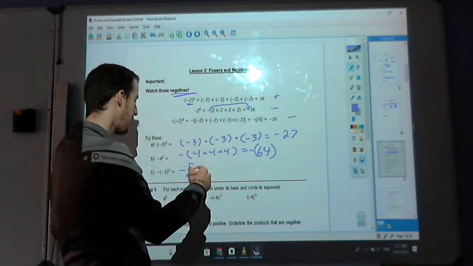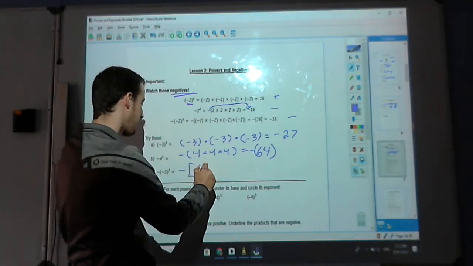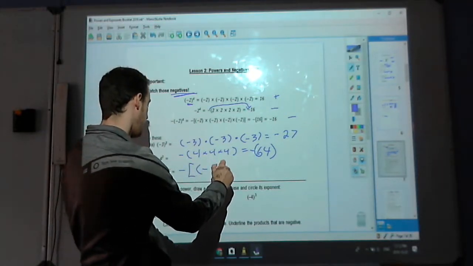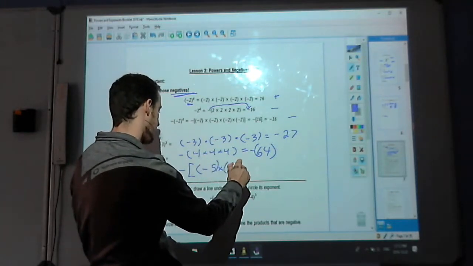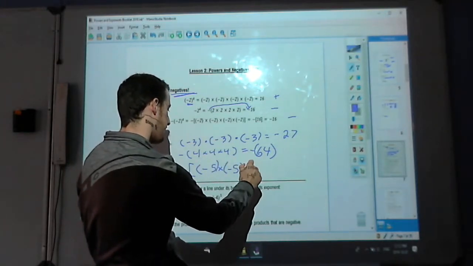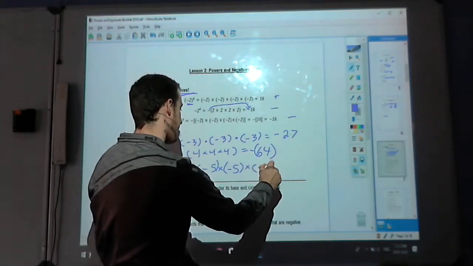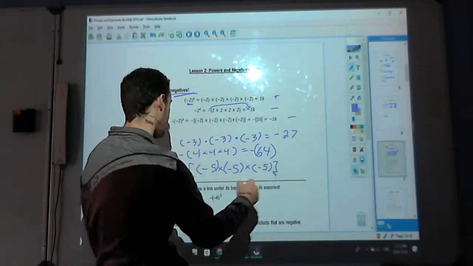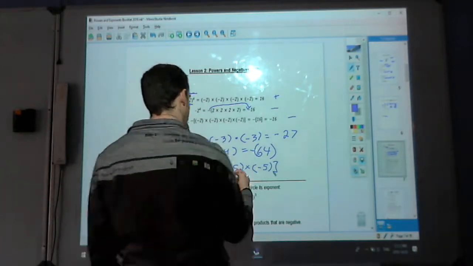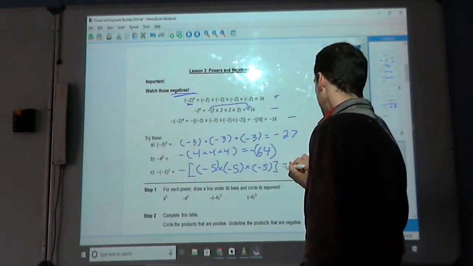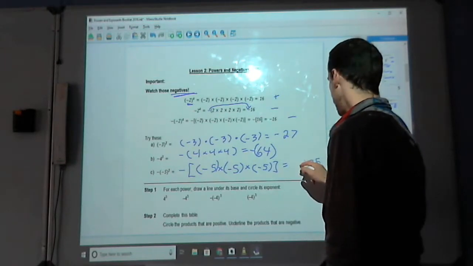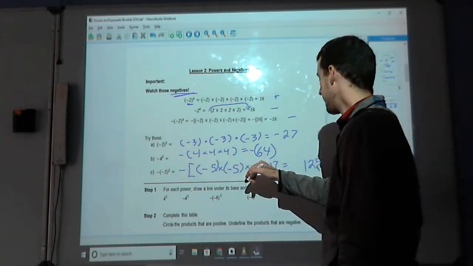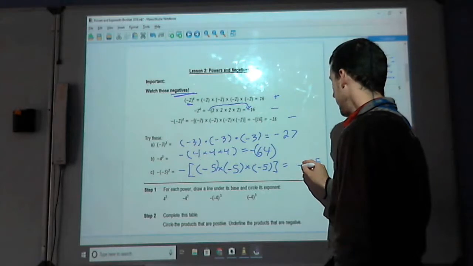All right, so here things get a little bit more complicated. I'm going to do square brackets just to start. And then within we have -5 times -5 times -5. All of that within the square bracket. So here we have 5 times 5 times 5, which equals 125. Negative, negative, negative, that's a negative number.